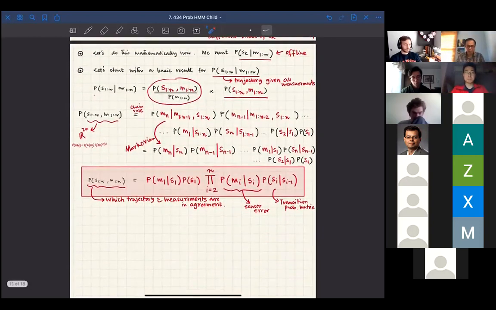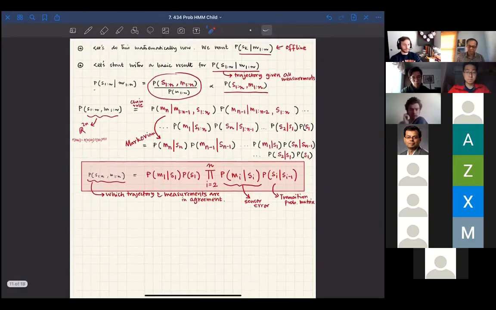Very good. And then we said, let's look at one expression, which is the probability of S1 through N given M1 through N. Okay. And someone tell me, without looking at this red crossed off part, what does this physically mean?